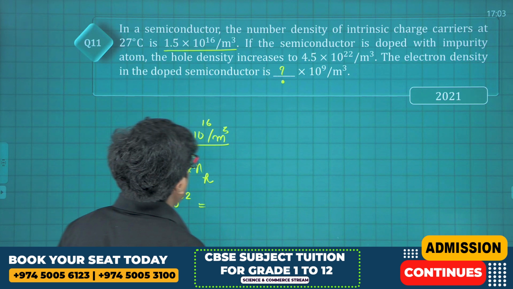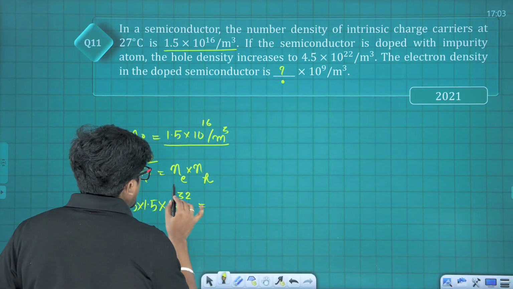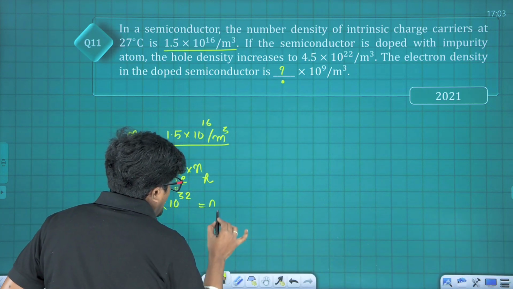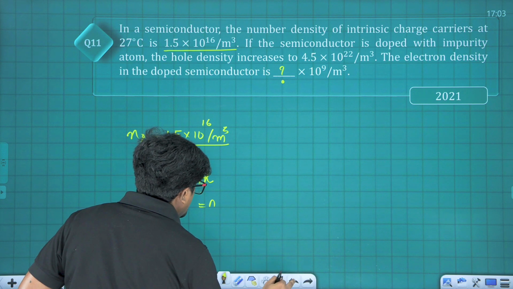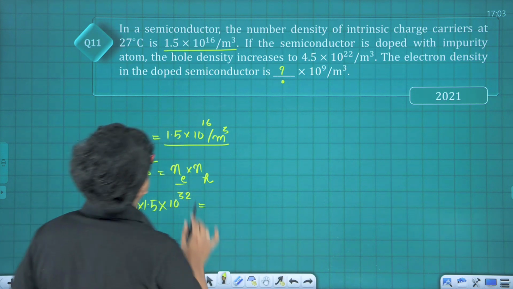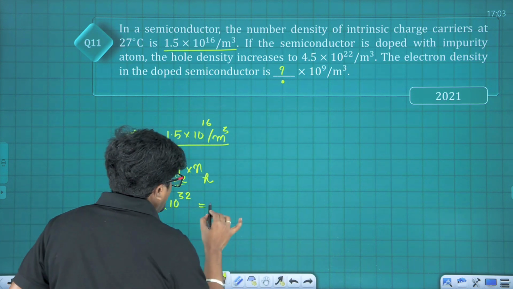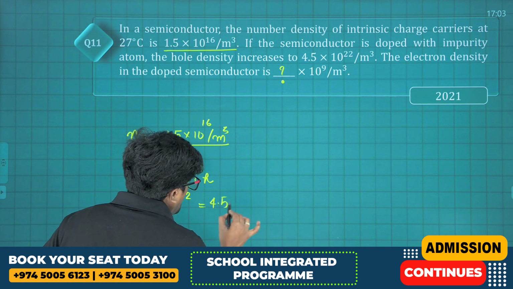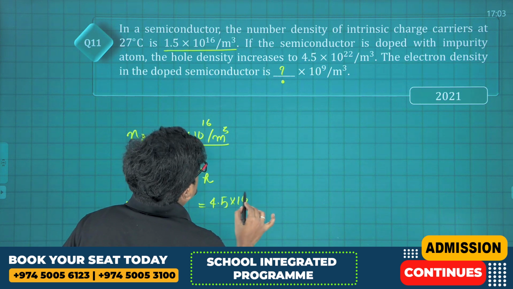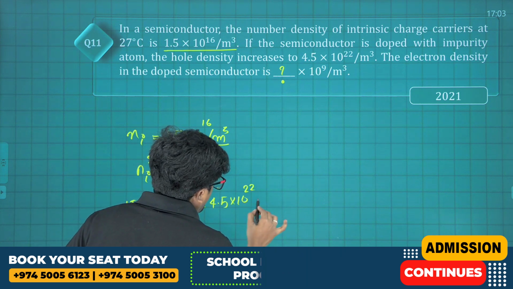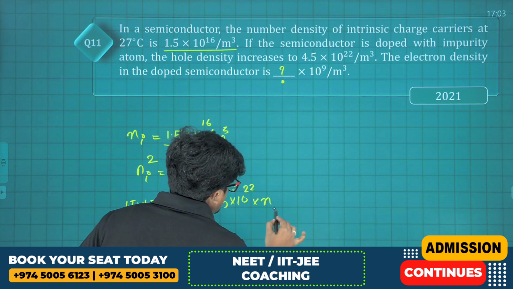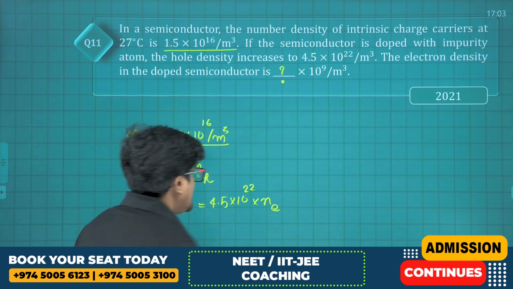We need the electron density, isn't it? The hole density Nh is given as 4.5 into 10 to power 22, multiplied by Ne, and we need Ne.